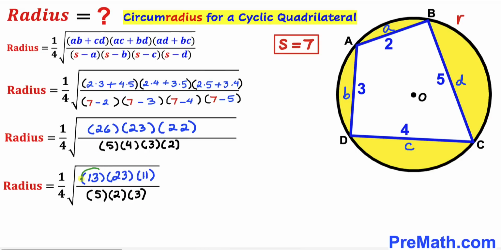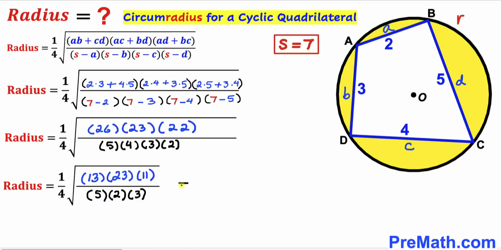Now we multiply these numerators: 13 times 23 times 11 gives us 3,289. And if we multiply these denominators, that gives us 30.